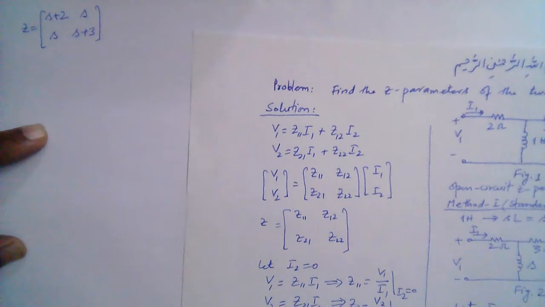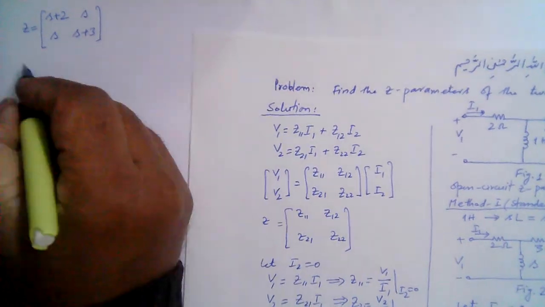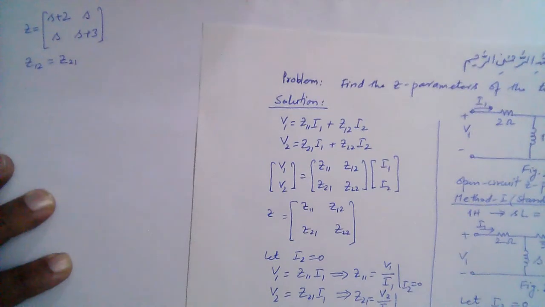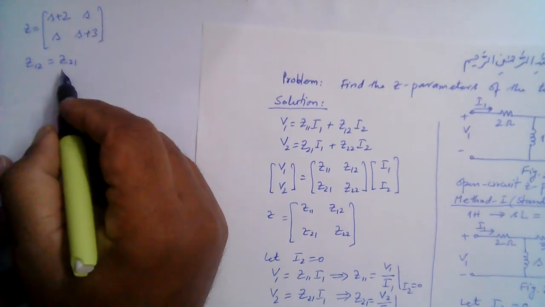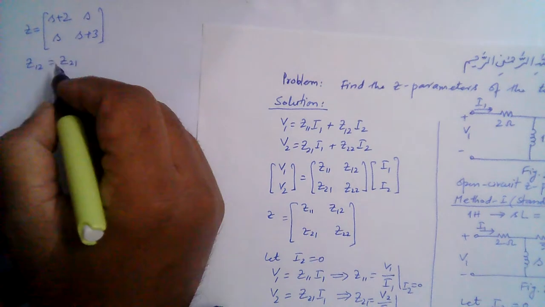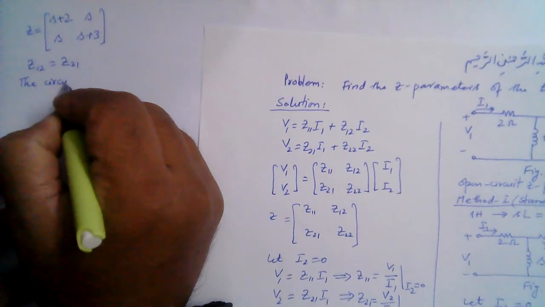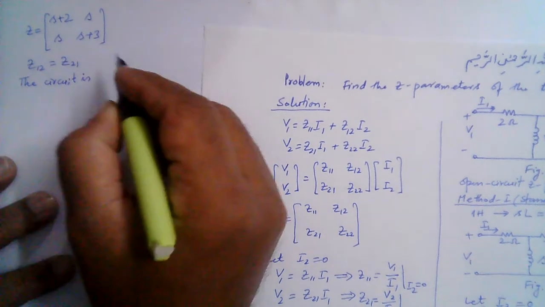So one thing to note here is that Z12 is equal to Z21. When that is the case, the circuit is called reciprocal.